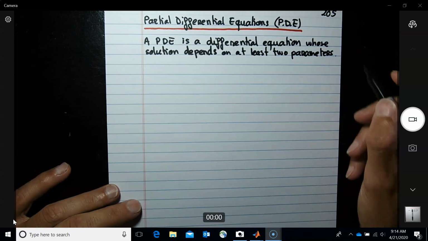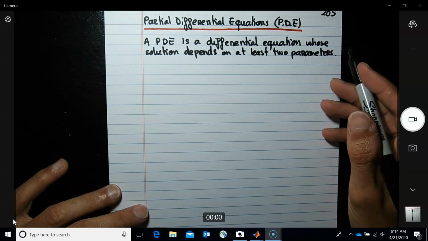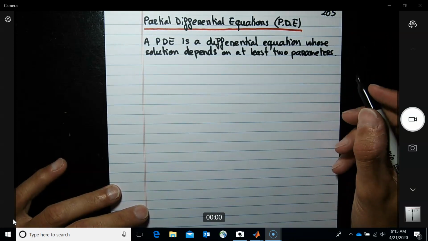Okay, so basically it can be x, y, or x and time, and so on, okay?